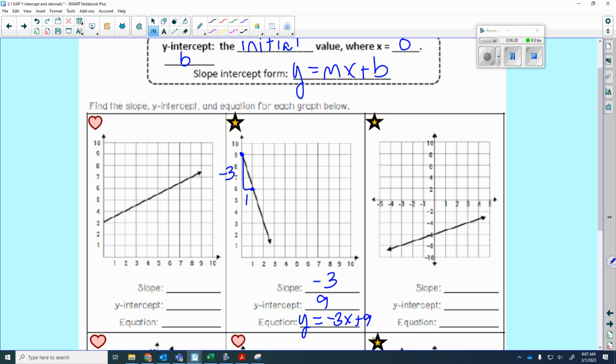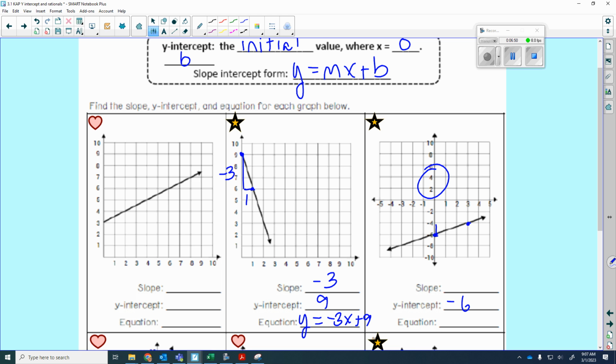Okay. Let's look at this one. What's my y-intercept? Negative what? -6. It's right there. It's easy peasy. Find another point. Do the rise. What is it? 2. Why is it 2?